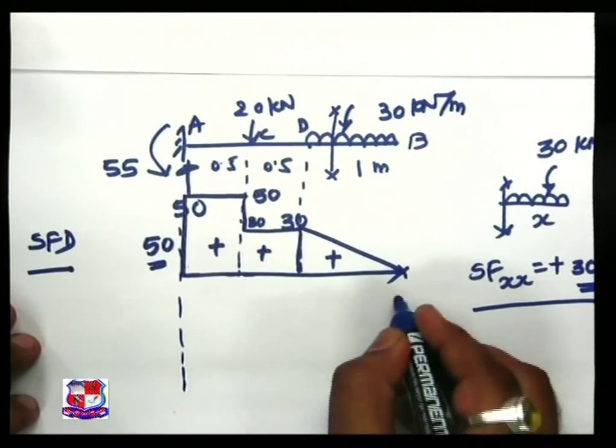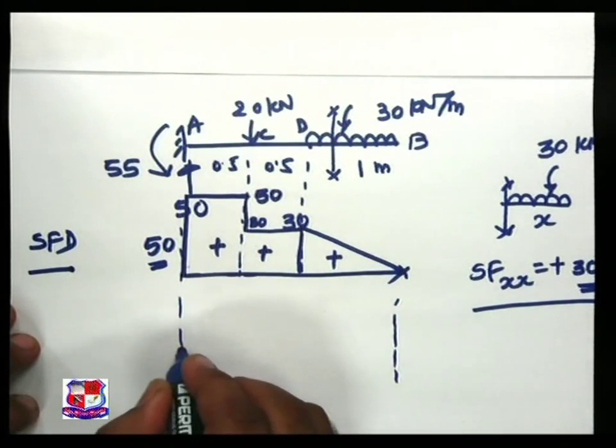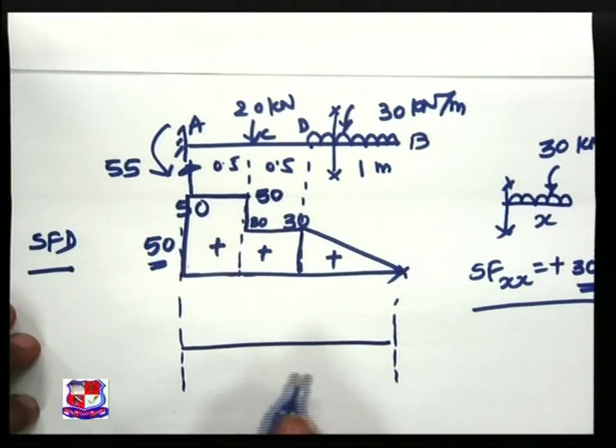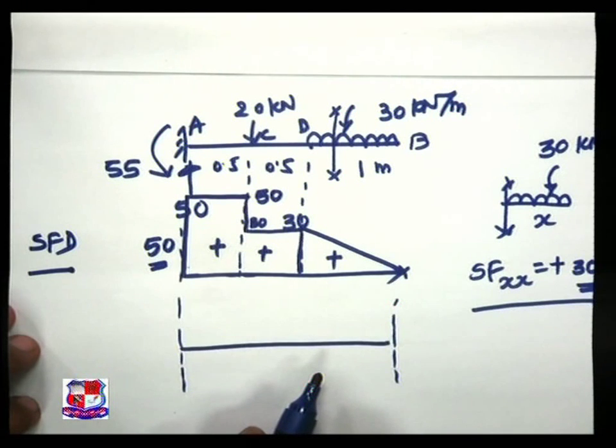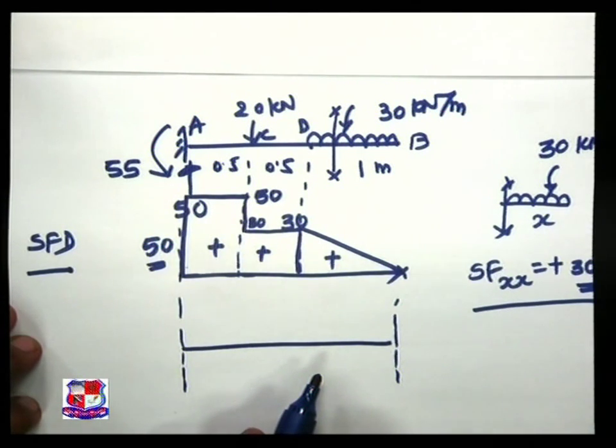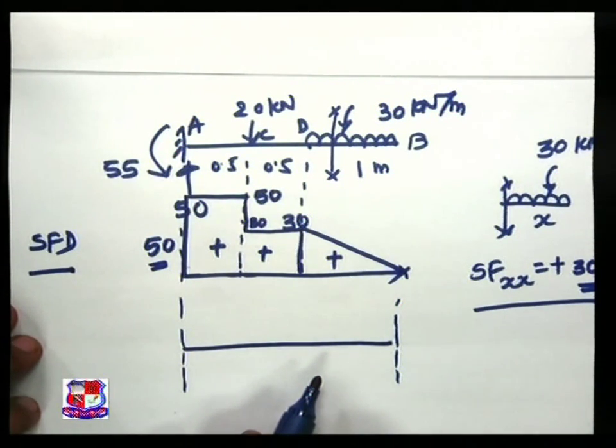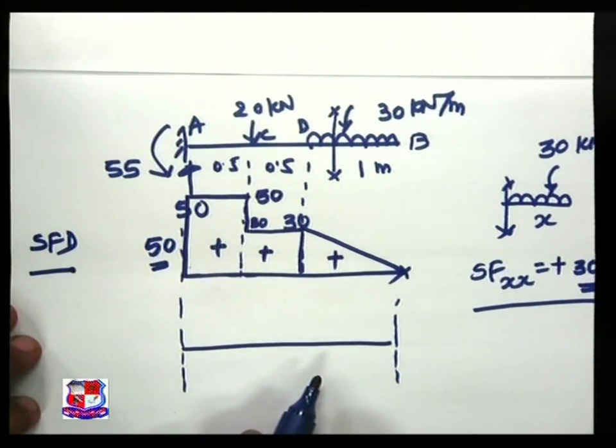Our intention is to plot the variation of bending moment along the length of the beam. What is bending moment? Bending moment is the algebraic sum of the moments to the left or right of the section.